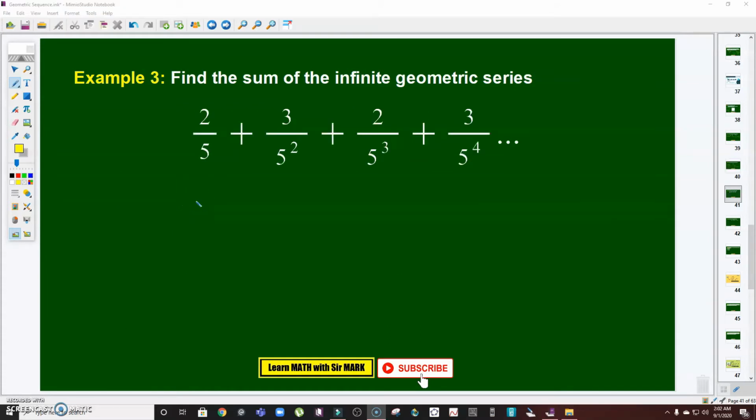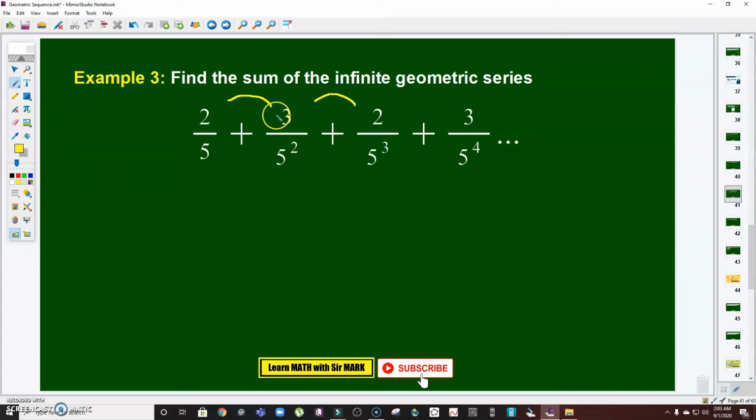Okay, problem number 3. Find the sum of the infinite geometric series 2/5 plus 3 over 5 squared plus 2 over 5 cubed plus 3 over 5 to the 4th and so on. Obviously, if I'm going to divide 3 over 5 raised to 2 by 2 over 5, that's not equal to 2 over 5 cubed over 3 over 5 squared.